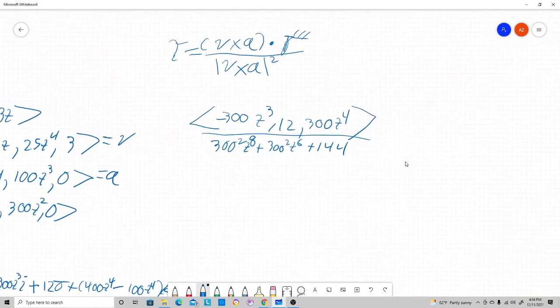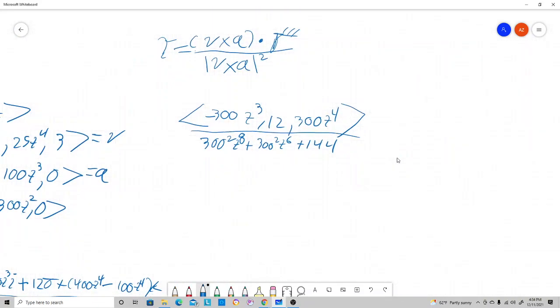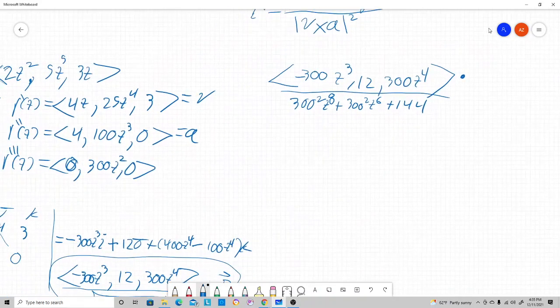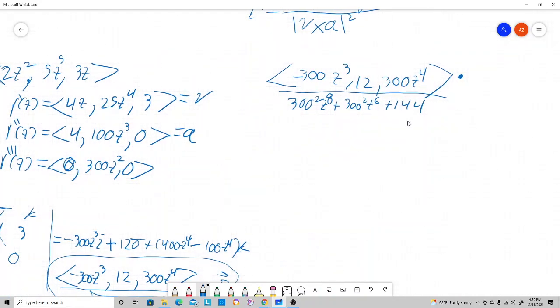And remember, we're still dotting it with the triple derivative. What's the triple derivative? It's right here.